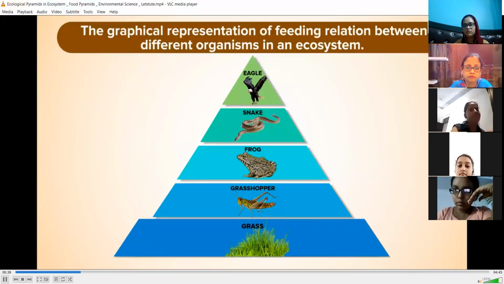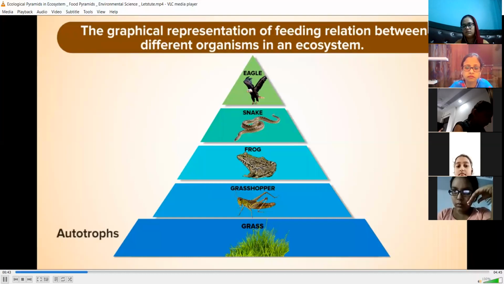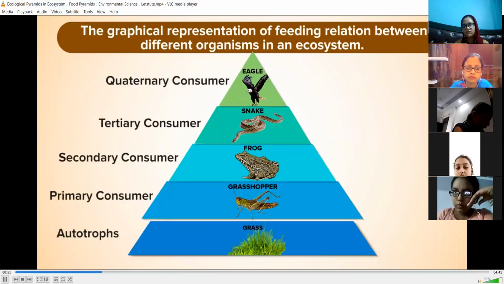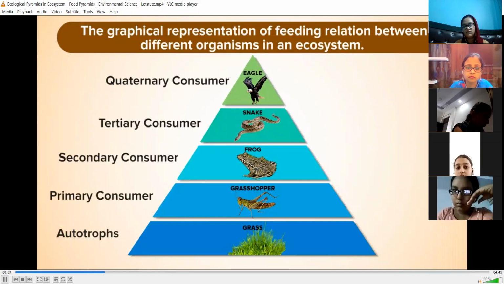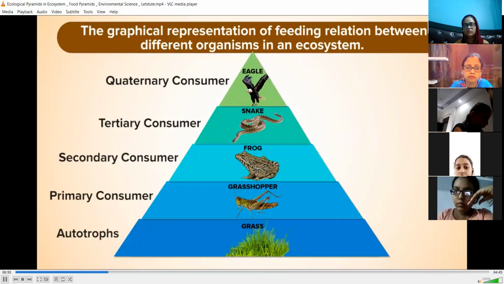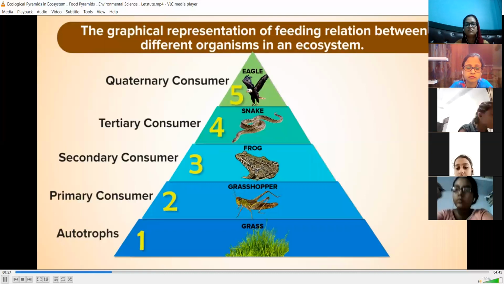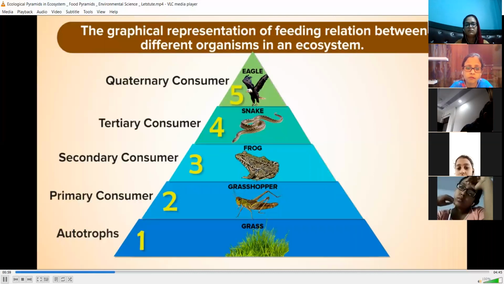The base of the pyramid is the broadest, with the producers or autotrophs occupying the first position. The remaining organisms or different consumers are arranged above the base. Each bar that makes up the pyramid represents trophic levels or the order in which the organisms eat or are eaten. It also represents the flow of energy.